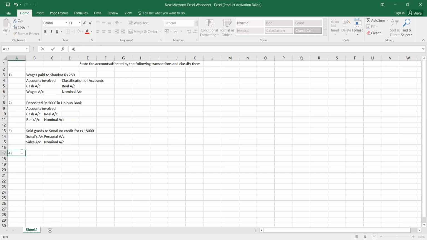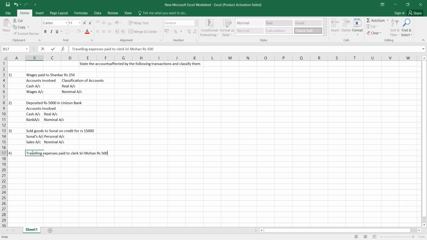Traveling expenses paid to clerk Sri Mohan, rupees 500. So what are the accounts involved?